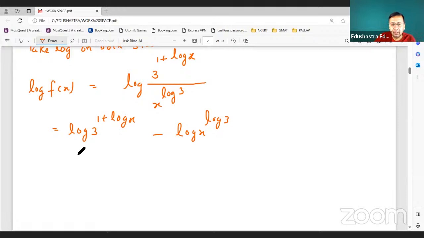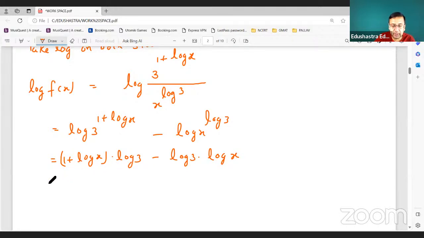Okay. Now put the values. So 1 plus log x times of log 3 minus log 3 times of log x.